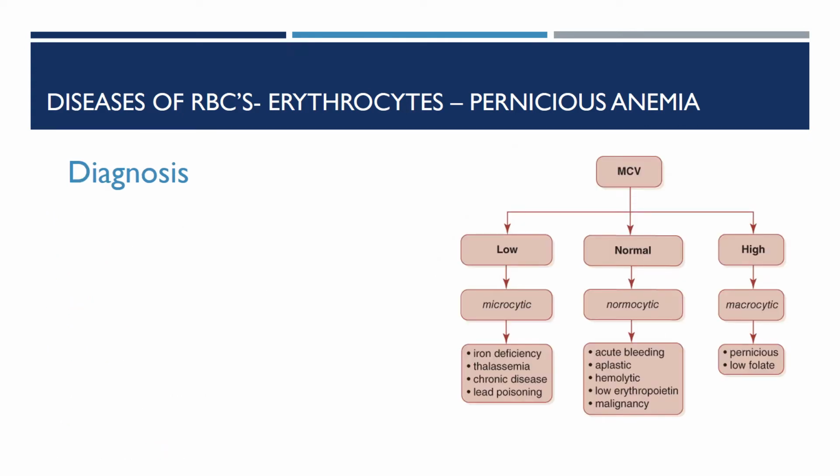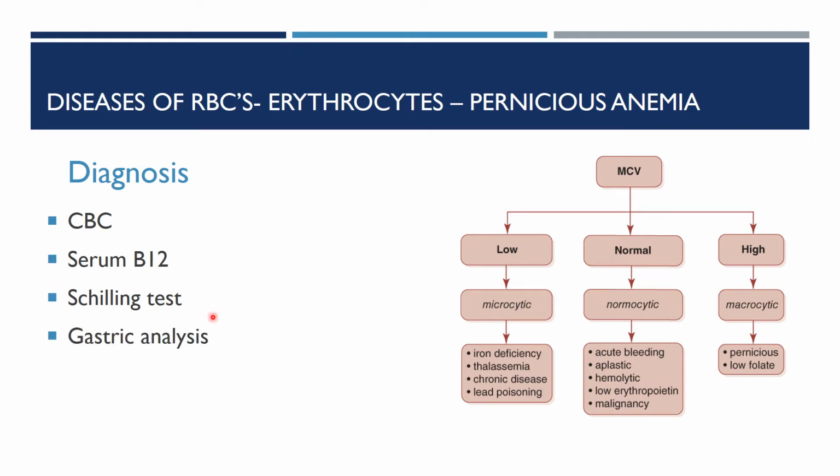How are you going to diagnose pernicious anemia? Well, you're going to do a complete blood count. You'll look at the serum B12. Next, we would do a Schilling test, which is a diagnostic procedure for those who suspect they might have pernicious anemia. This is essentially looking at absorption of vitamin B12.